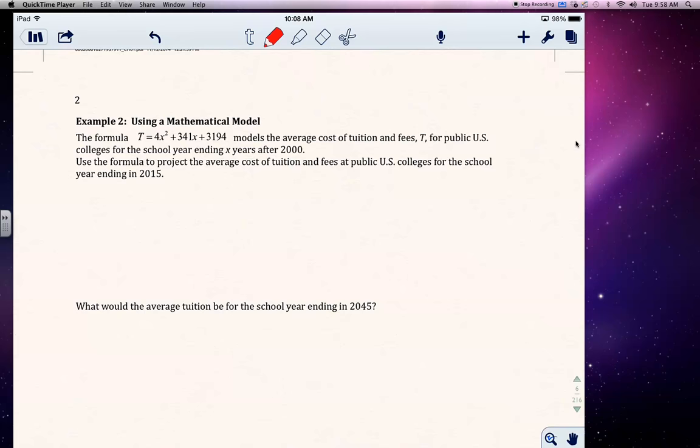Use the formula to project the average cost of tuition and fees at public U.S. colleges for the school year ending in 2015. Depending on when you're watching this video, 2015 is currently now or it's in the past. But in this case, we're looking at 2015, and 2015 is actually 15 years after 2000. So x would now represent 15.